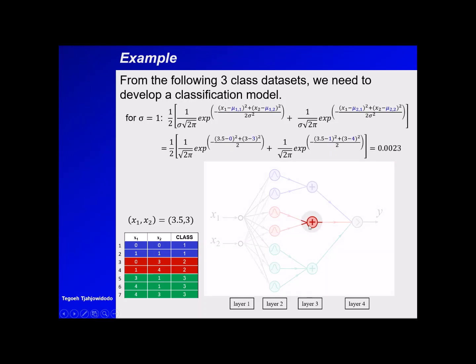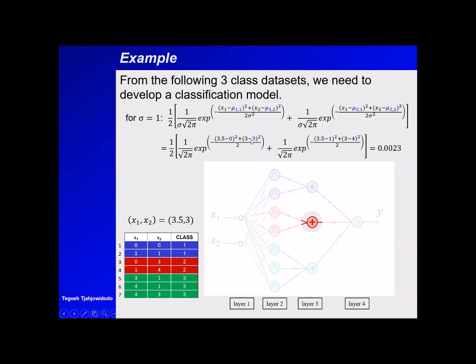And then I do it again for this. Out of this neuron, I just take the average of the joint PDF from the first input, I mean the first input for the second class. 3.5 minus 0, where 0 is coming from the first input in the third data set, plus 3 minus 3, where 3 is the second mean coming from the second input in my third data set.